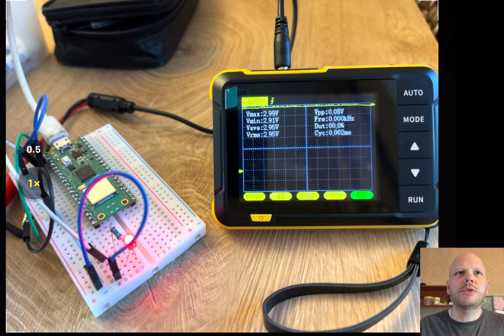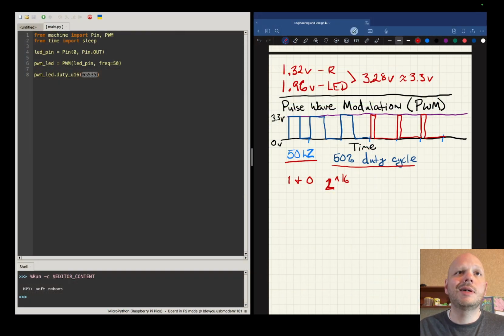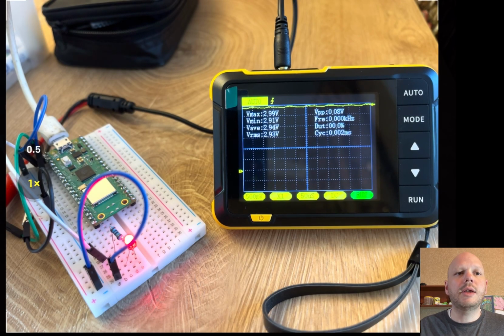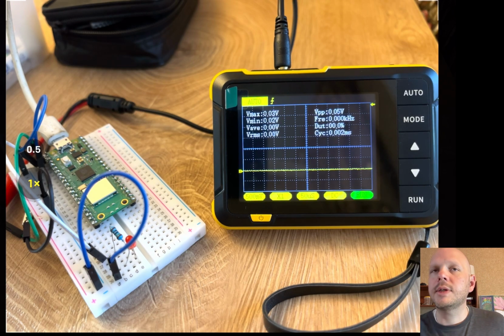So if I change this to 0 and save that, jump over here to my screen and then click run the code, it should turn it off because I've set the duty cycle to 0, which means no current is flowing through.